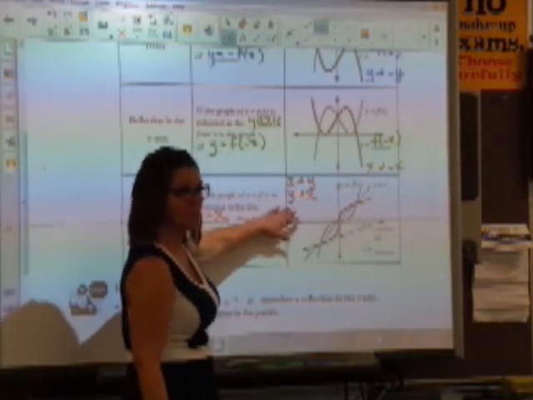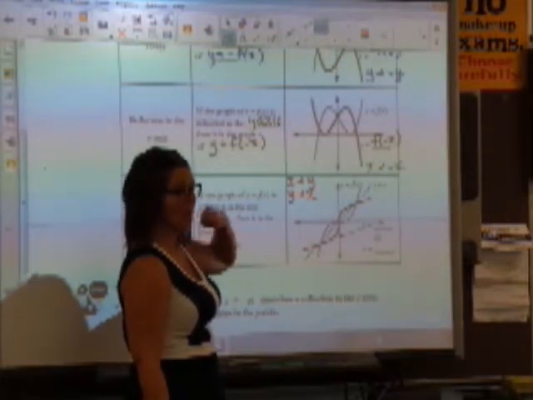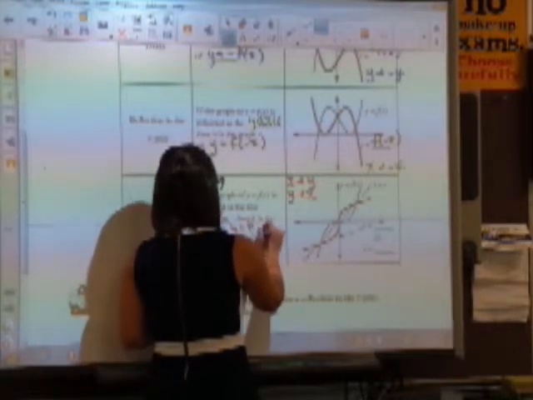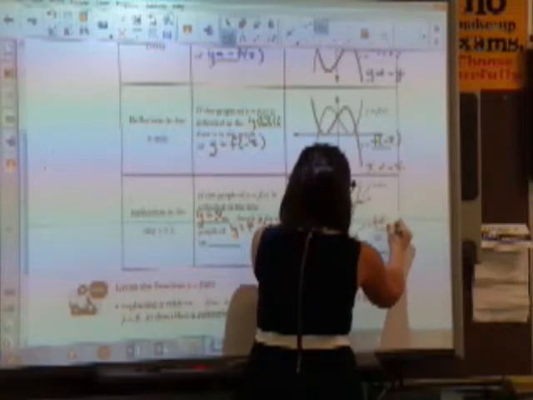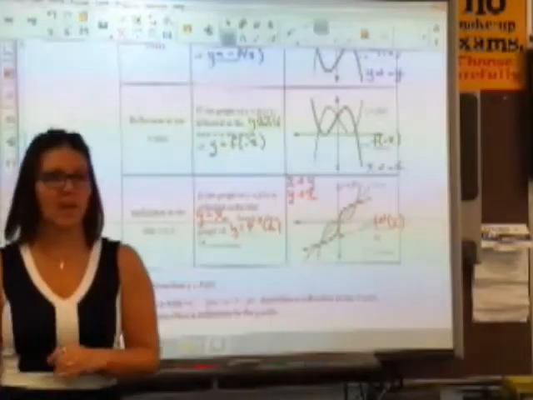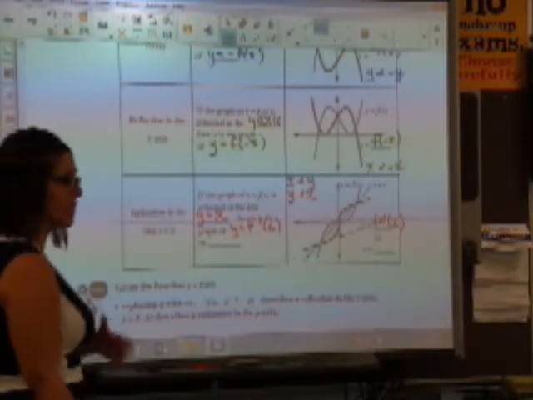This is my inverse function. And I can write my inverse function in two ways. I can write it as y equals f inverse of x. That would be this top equation, f inverse of x. Or I could write it as x equals f of y. It's a function of y.